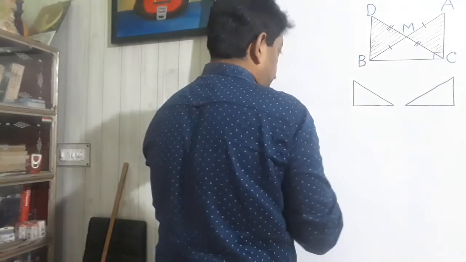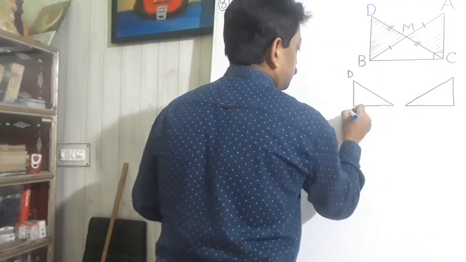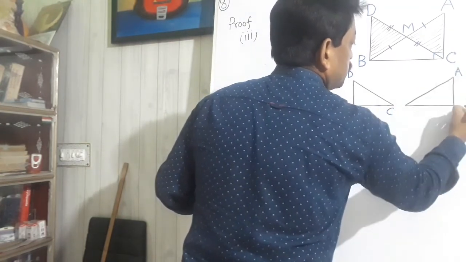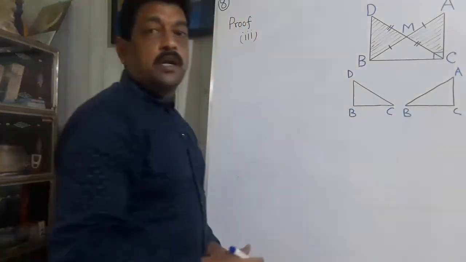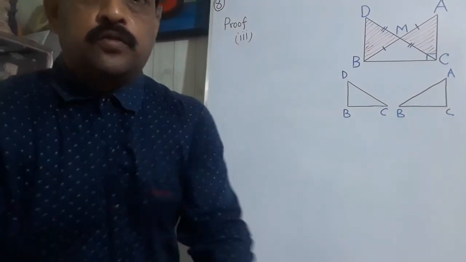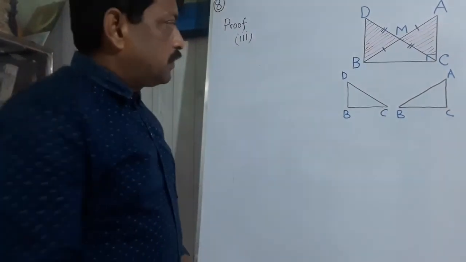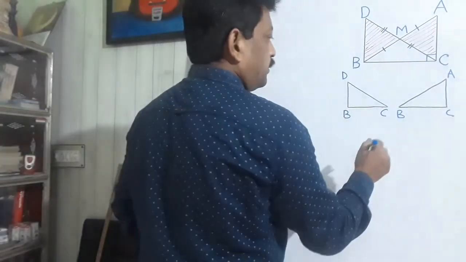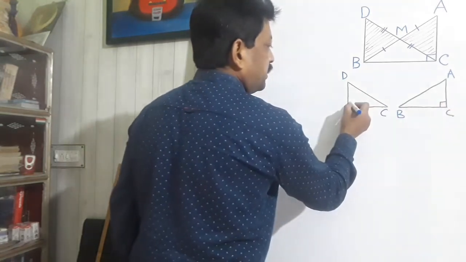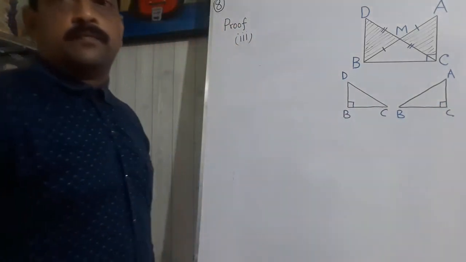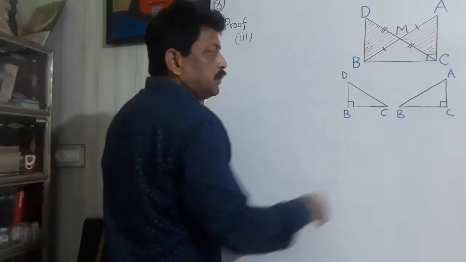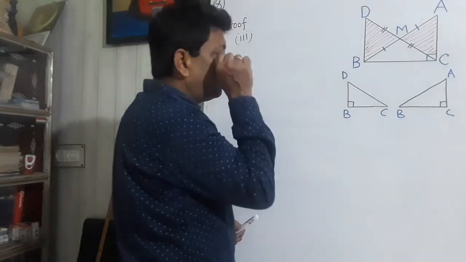These two triangles we have to prove congruent. So quickly let us find the things which are equal in both the triangles. Angle C and angle B, both are 90 degree. These two are right angle. This is given and this one is proved earlier.